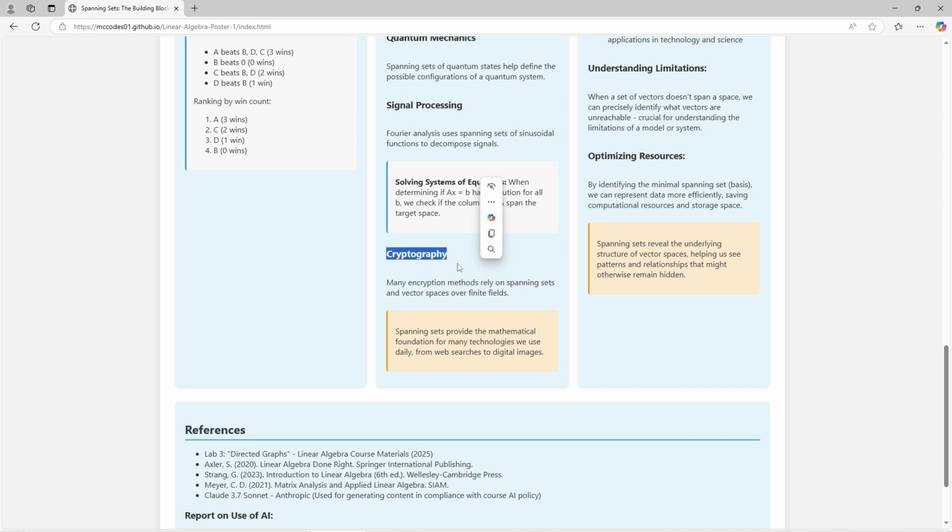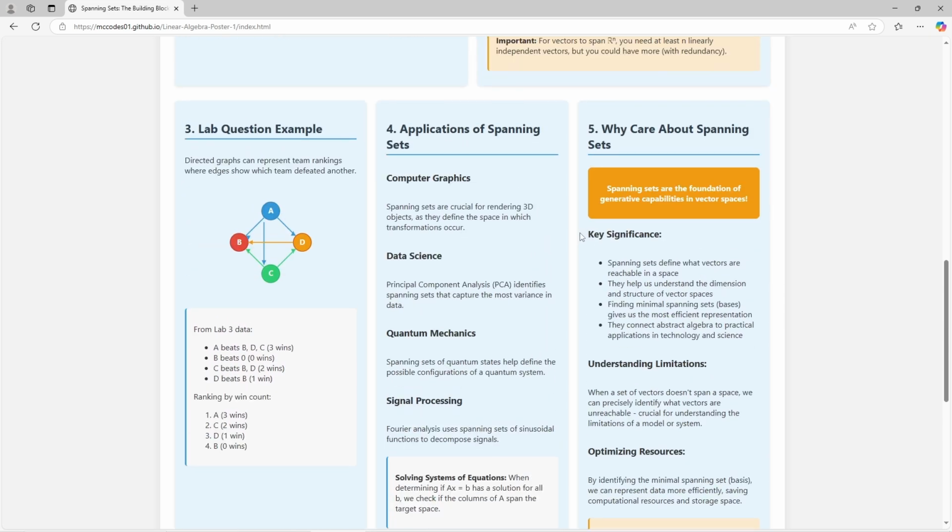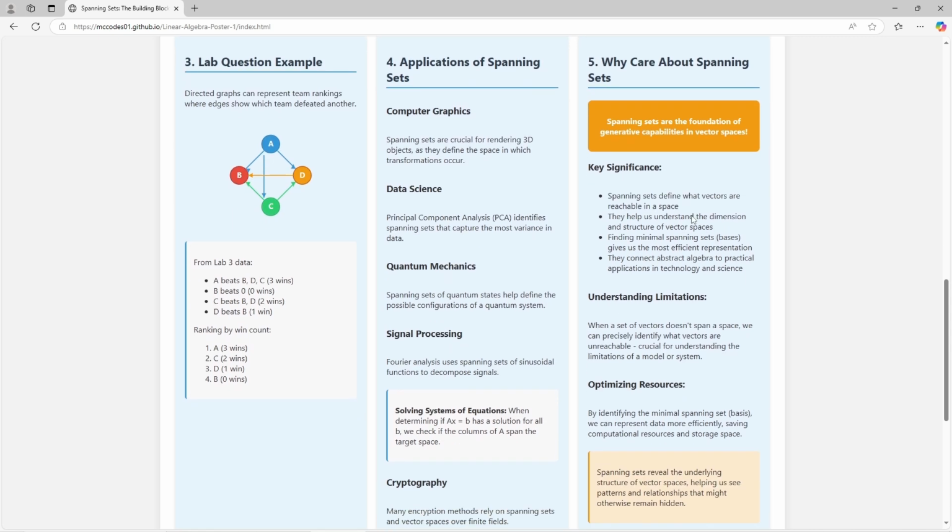And then cryptography, that's where things get a little more complex, like your password production, encrypting of data, very relevant to cybersecurity. So some of those applications I just discussed show why we should be caring about spanning sets, right?